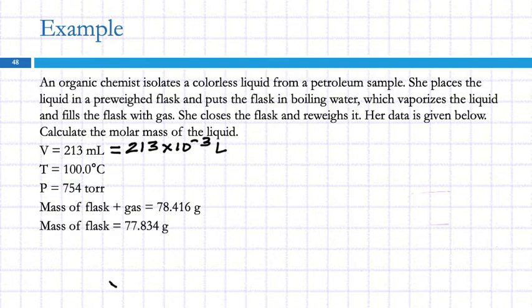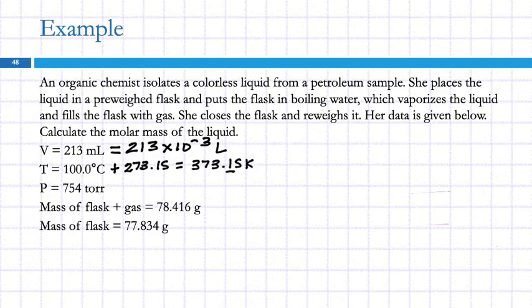100 degrees Celsius, need that in Kelvin. Here the temperature was measured more precisely. We actually have 1 decimal place. So then we really should use the whole 273.15, 373.15 Kelvin.